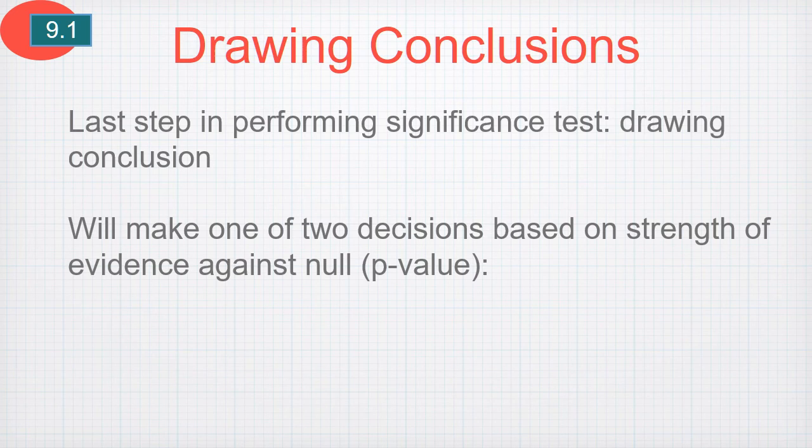So you're going to make one of two decisions, and there's only two, based on the strength of evidence against the null, aka the p-value, right? And this is very much like when we were doing conclusions in science. You write a hypothesis. You either accept your hypothesis or reject it. There were two choices. And we're not going to accept our hypothesis in this case.